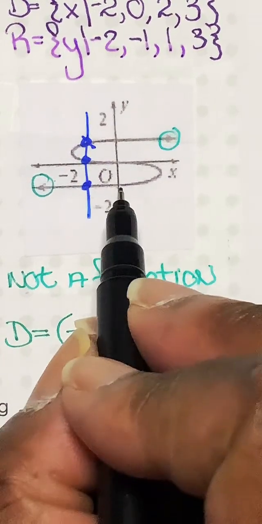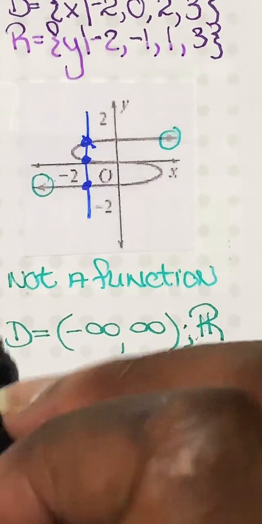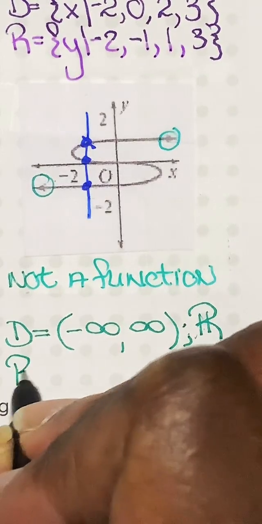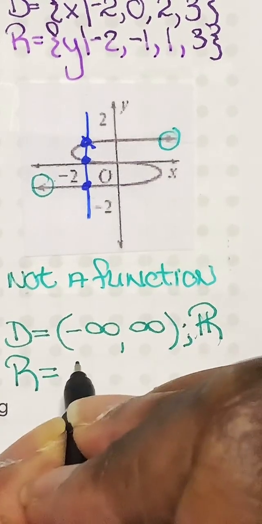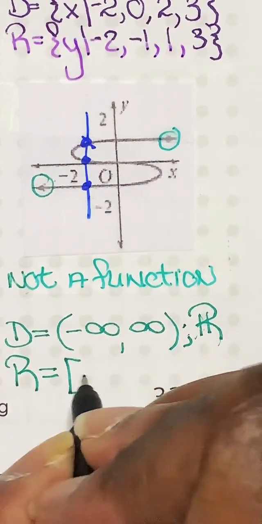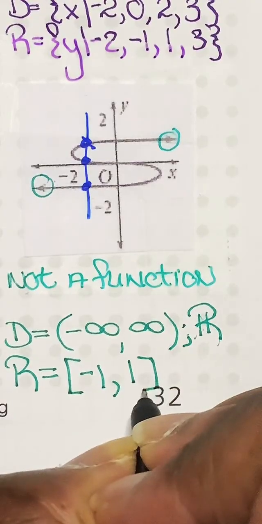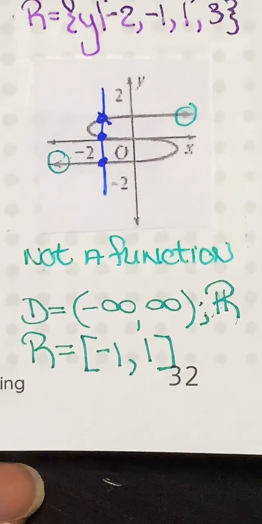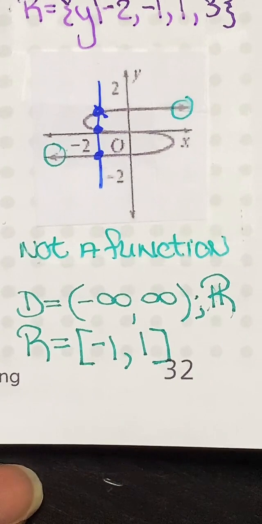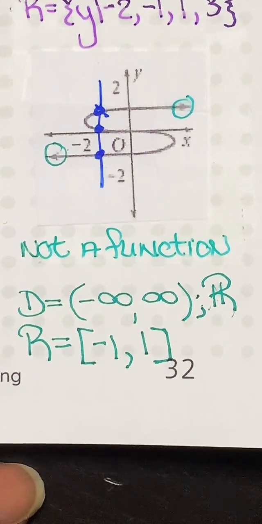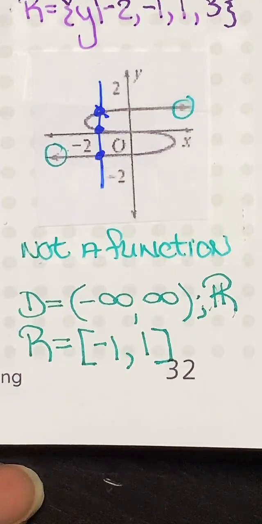So since there isn't any open circles, that means we're going to be using brackets. The lowest, which is at -1, and the highest, which is at +1. Okay, so we're including those points. There we go.